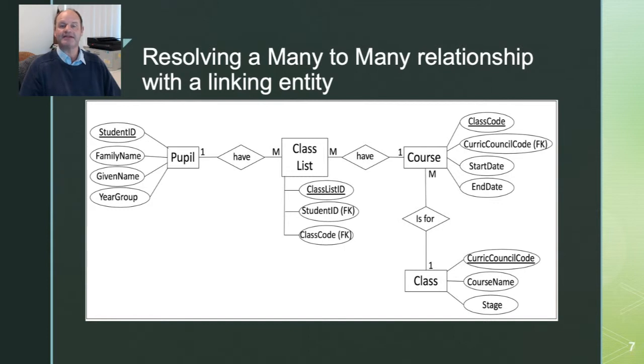Your linking entity, like class list, will always have two M's either side of it. The foreign key is placed on the many side. This new class list entity has been given a primary key called class list ID to enable each record to be accessed.